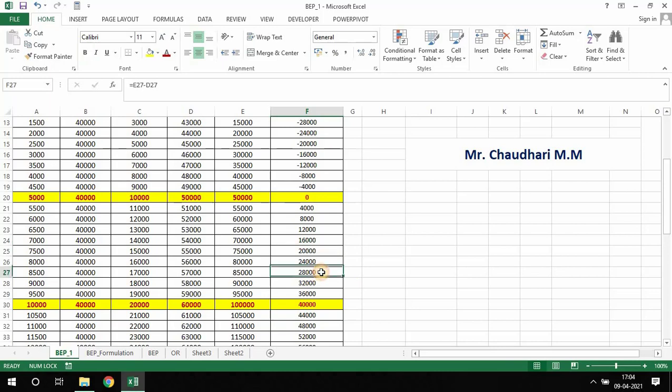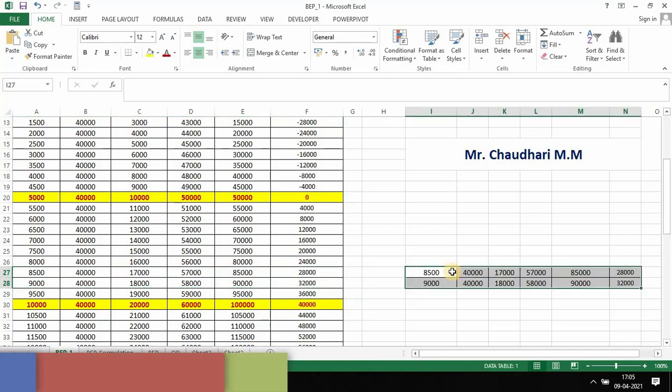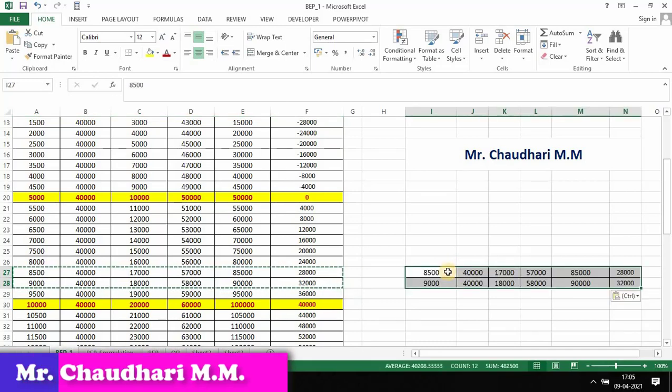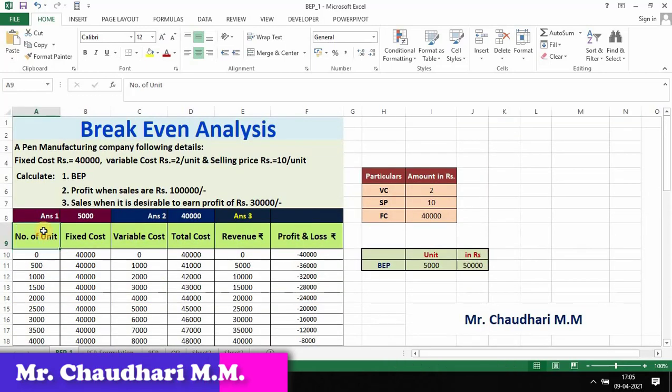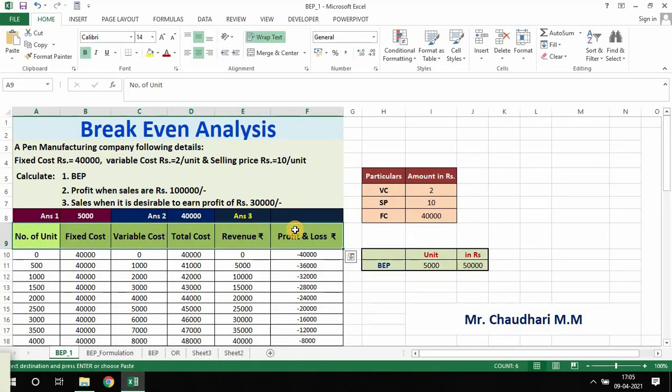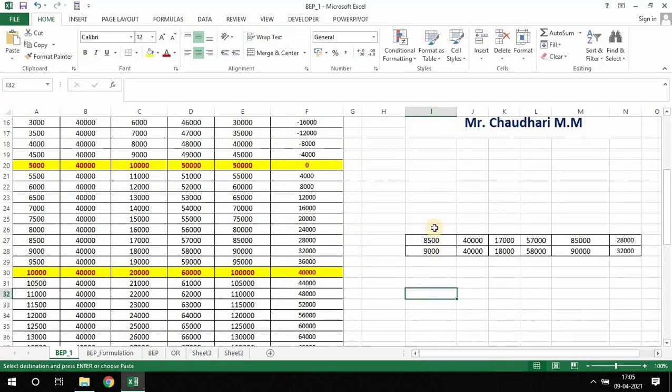Okay, so check out here. There are two profit values, 28,000 and 32,000, but there is no 30,000 value. So we select these two terms, 28 and 32. Then put them here, anywhere you want. Go ahead, copy this heading and paste it here.